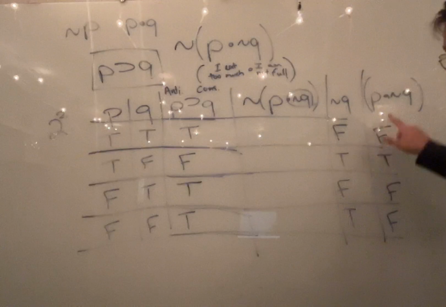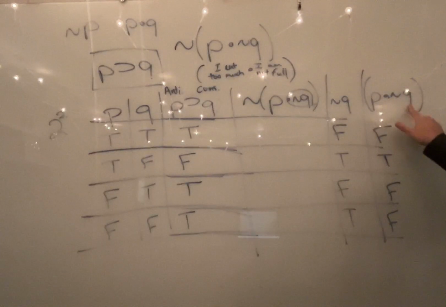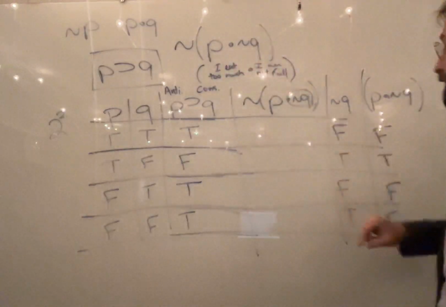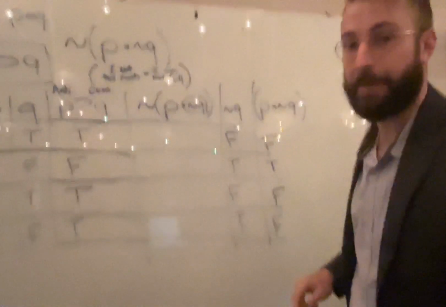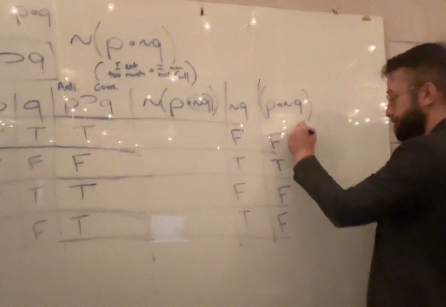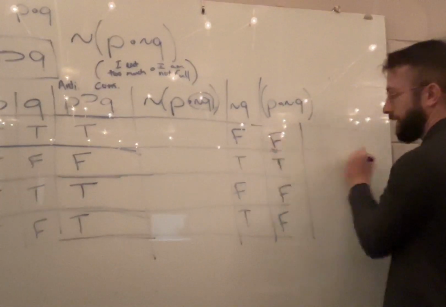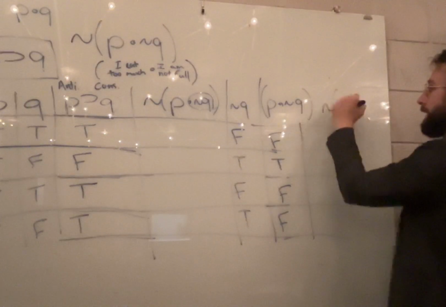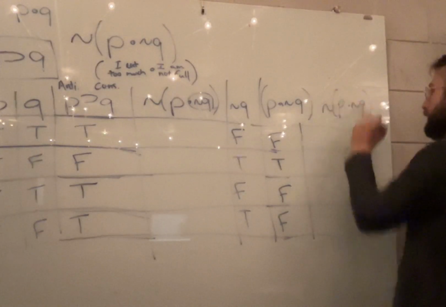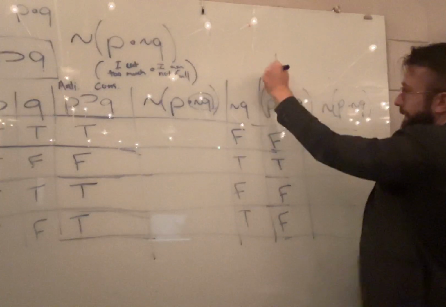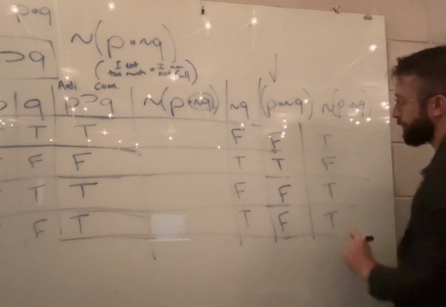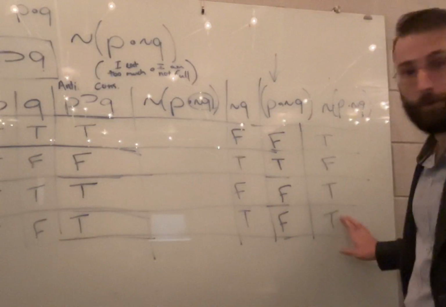Okay, so now we have P and not Q. But remember, we're looking for not P and not Q. That just means that wherever it's false here, it's going to be true on the other side. So we'll say not P and not Q. We're just going to negate this line right here. We negate it, and we have true, false, true, true.